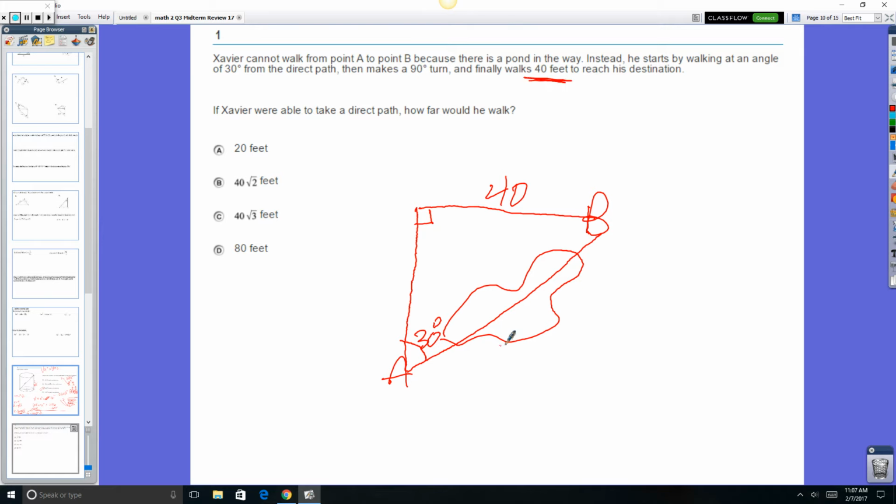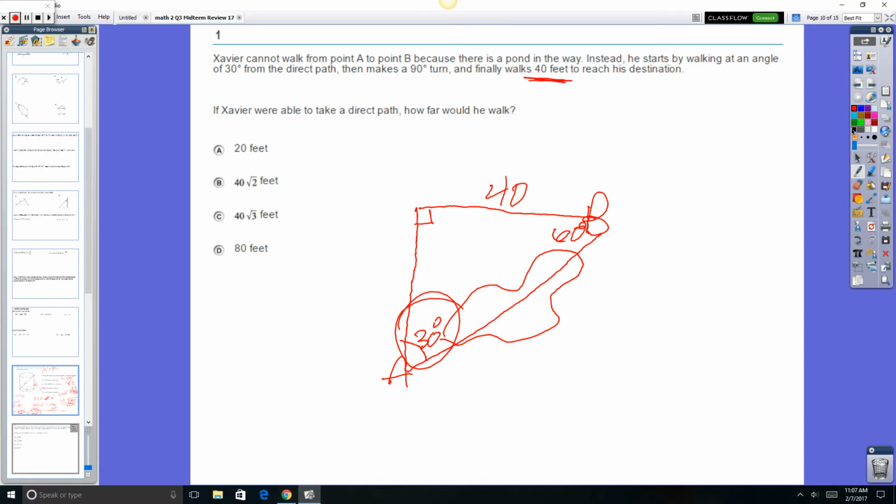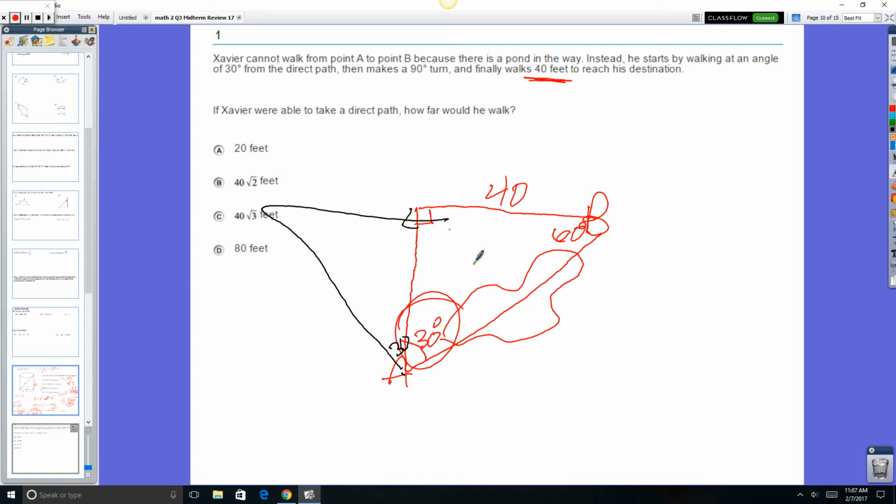So your triangle needs to look something like this. Okay, 30 is a super nice hint. If it's a 30, this is a 60, and we know a 30-60-90 is half of an equilateral triangle. So the other half is over the 30 and the 90, and the whole triangle looks like that.